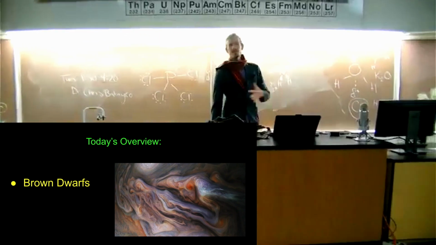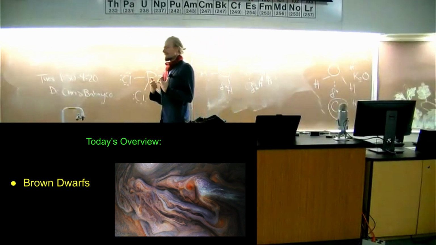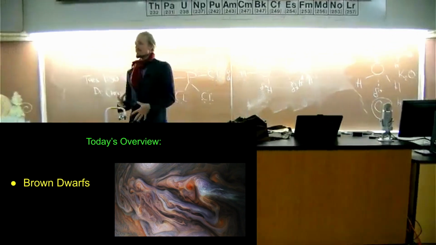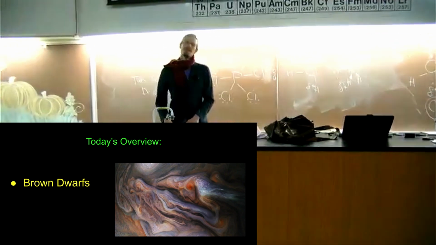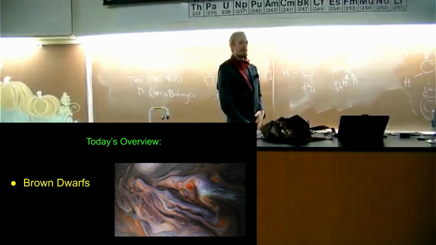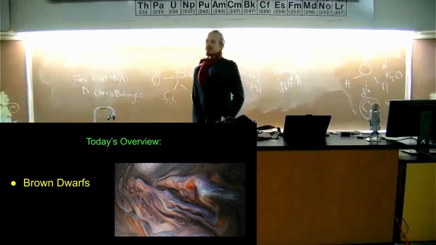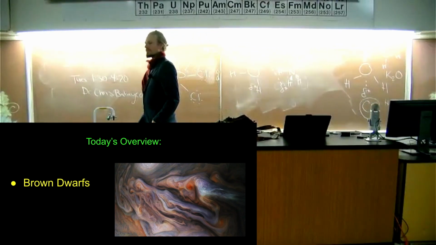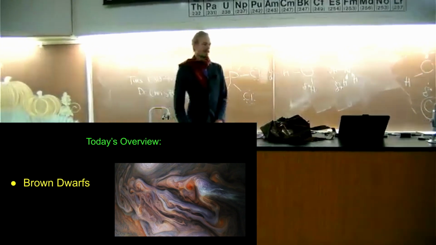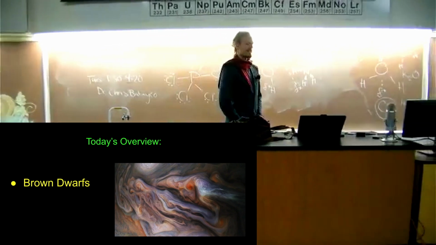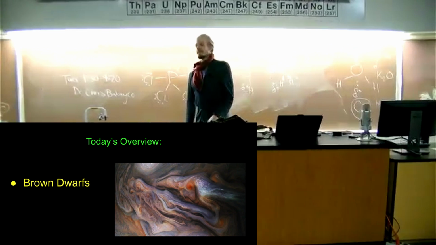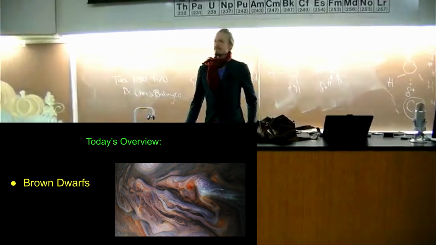And then at the other end, we have smaller versions of objects that are essentially compositionally the same in that they have all the ingredients to make a star, but they don't become stars. And it's a really interesting saga that I'm going to try to unpack for you here in the next few slides.